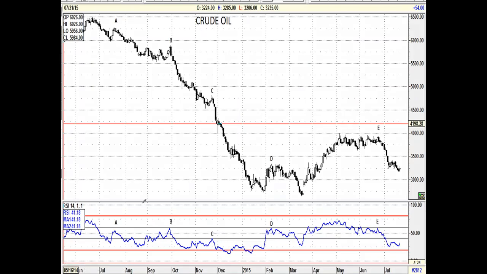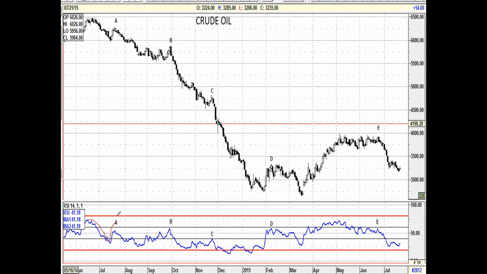Similarly, crude oil. Here I have marked 80 and I have marked 20. This is 60 and this is 40. So here the momentum failed to go back to the overbought zone at 70.